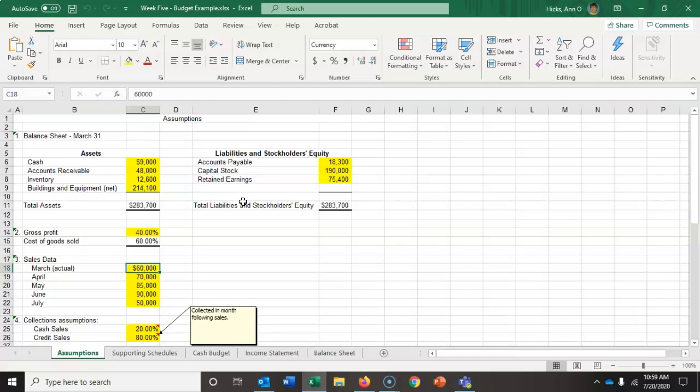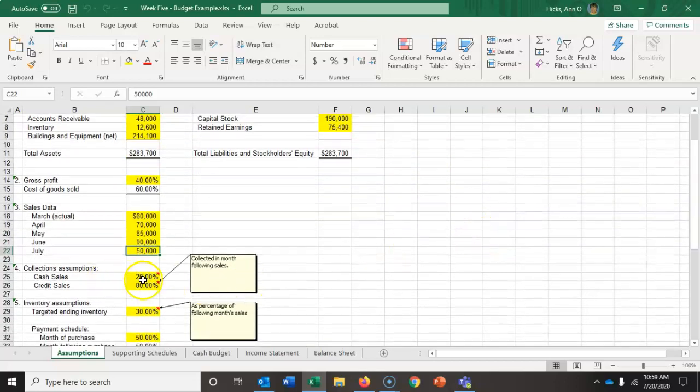So my sales data, I've got what my March actual sales were, and then I've gone out actually into the month of July, and there's a reason for that, and budgeted my sales for each month. Then we have to think about, when am I actually going to collect those sales? Because I may make sales in April, but if I give credit, my customer may not pay until May.